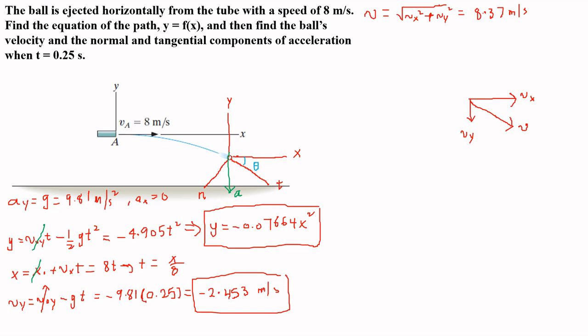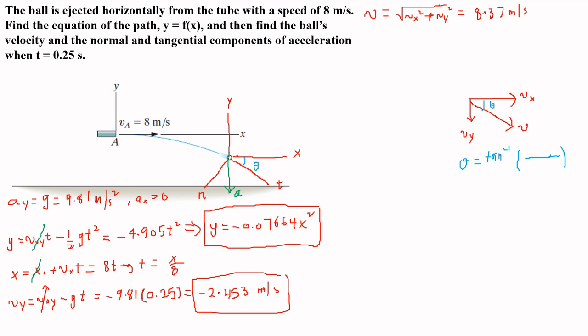To find this angle, look at this here. This angle is the angle that both components of velocity, Vx and Vy, make with the magnitude. So this is the same as this one here, theta. Since we have Vy and Vx, I can say theta is tan inverse of the y component over the x component.